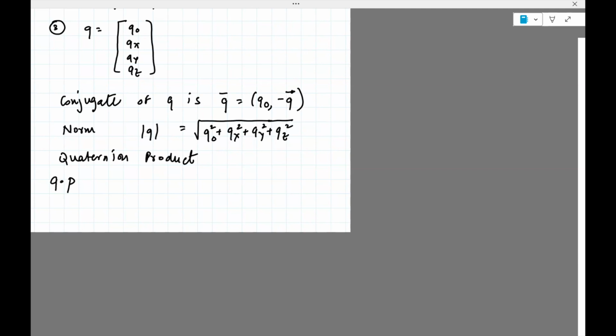Let's say it has P0 for its real part and P vector for the imaginary part. So you could write it as Q0, Q vector, dotted with P0, P vector. This comes out to be Q0 P0 minus the dot product of P and Q. So that's the scalar part. And then for the vector part, it's Q0 P vector plus P0 Q vector plus Q cross P.